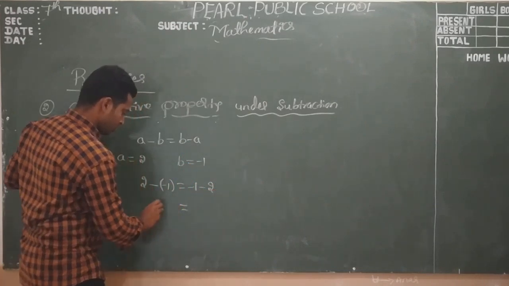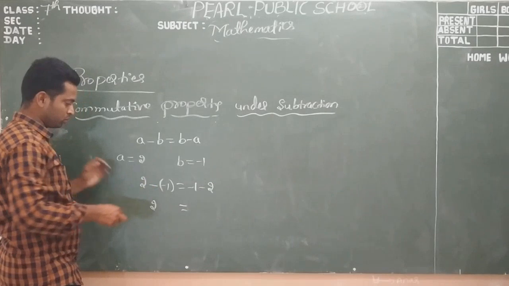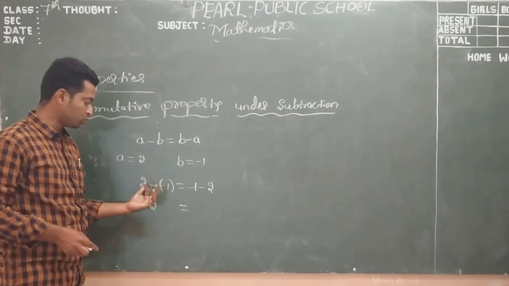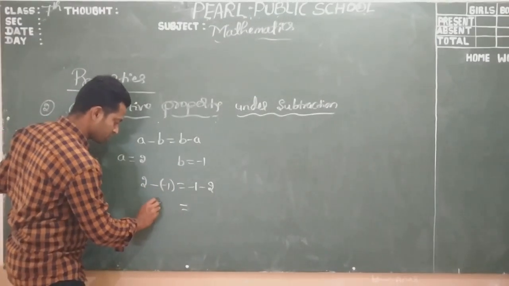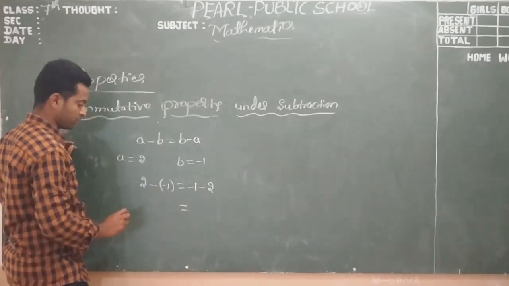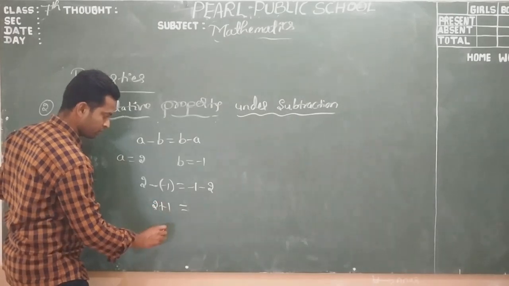So a minus b is 2 minus of minus 1. If you take the difference of these two integers, 2 and 1, the difference is 1. Or you multiply both signs: minus into minus is plus, so 2 plus 1.